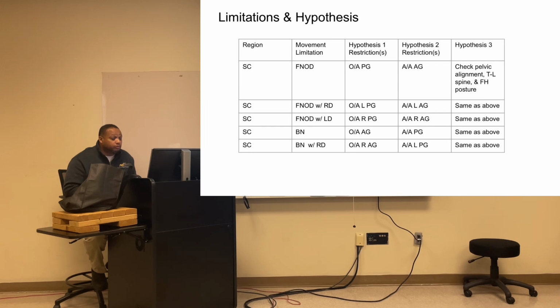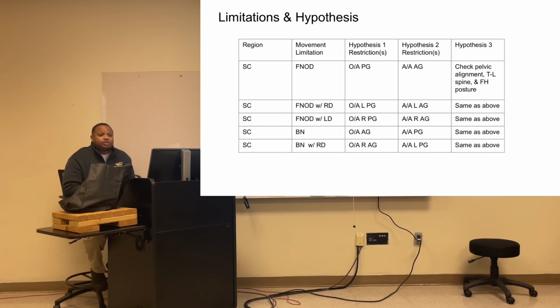Because of the concave on convex rule. Okay, good. In addition, the atlas moves in the direction of where? The head. So we know it has to glide anteriorly. So the atlas gliding anteriorly can be a hypothetical restriction with limitation of a nod.